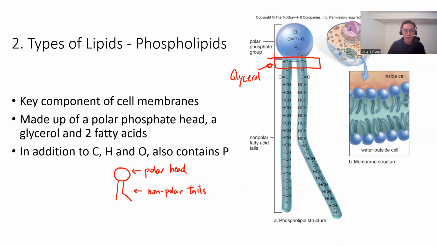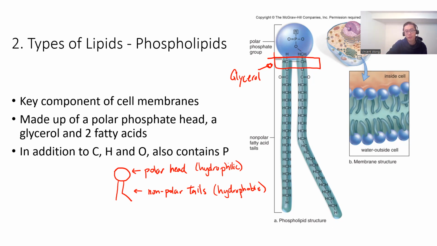Let me put an extra description here. The head is hydrophilic, and the tails are hydrophobic. It turns out the phospholipids are excellent material to make up your cell membrane.